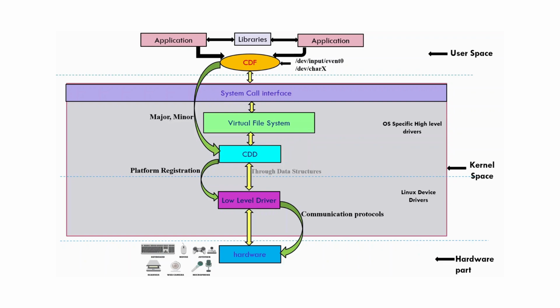From the low level device drivers to the hardware, communication happens through communication protocols. If a sensor is connected using the I2C protocol, then it uses I2C. Examples are keyboard, mouse, joysticks, microphone, webcam, scanner. Based on how the connection is established, the corresponding communication protocol will be used.